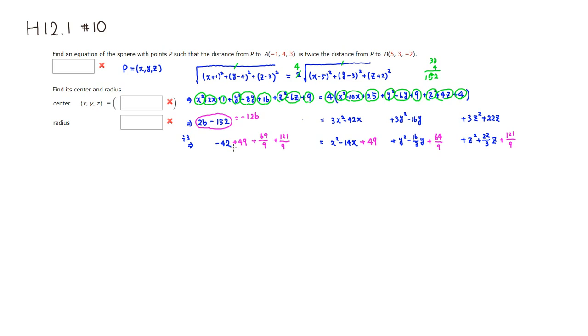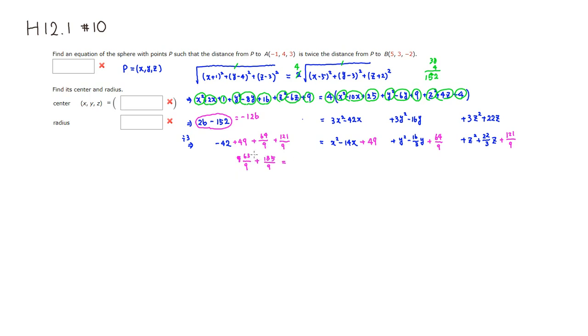So what would this be? This is going to be 49 right there. If you add those up, it's going to be 185 over 9. All right, so 49 is the same thing as 441 over 9, so we can just add them up.